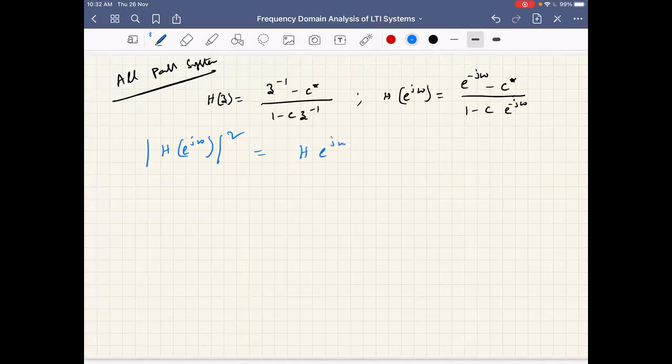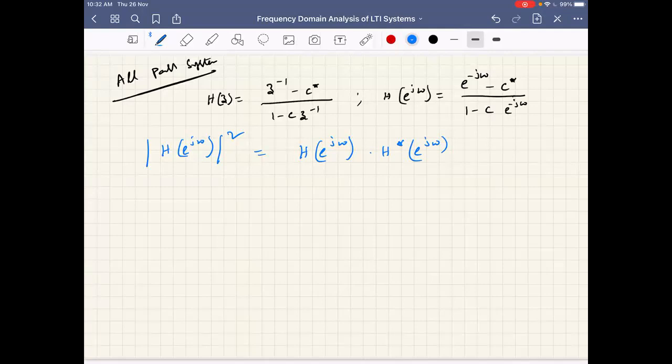This can be expanded as H of e power j omega into H star of e power j omega. For any complex number, this is how we write the magnitude, right? So it is element by element multiplication at all omega.